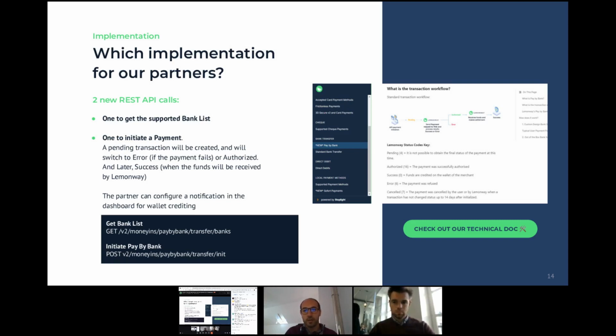So for those who are using the SOAP API, I see in the people connected that some of us are still using the SOAP API, you will need to integrate our REST API. It's possible to use both. It's not necessary to change everything, just using the REST API for the Pay by Bank calls. This is something you need to know.